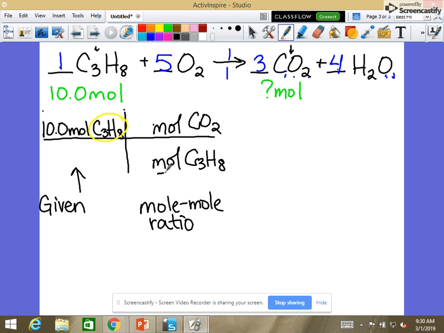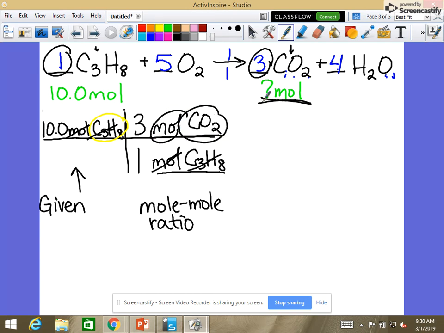My moles of C3H8, I'm going to get from up here, so that number is 1. And then my moles of CO2, I'm going to get from here, which is 3. If I look, I've canceled out moles of C3H8, and I'm just left with moles of CO2. And that's actually what I'm trying to find.